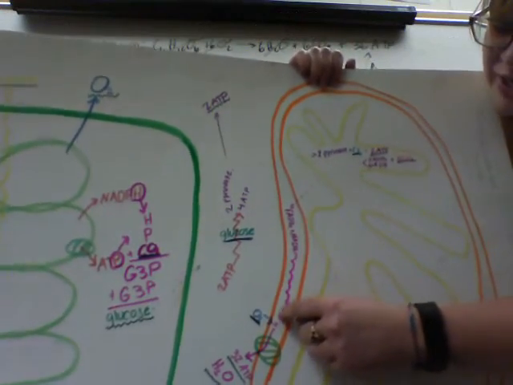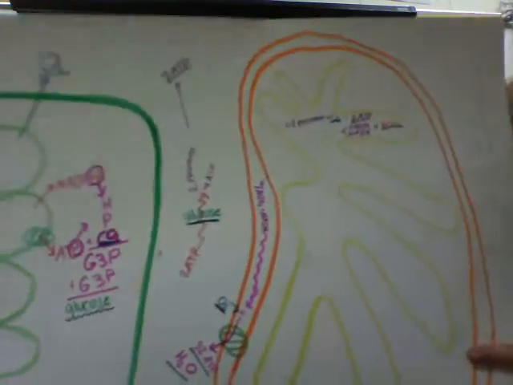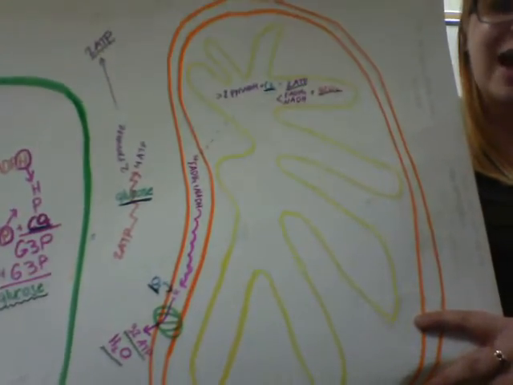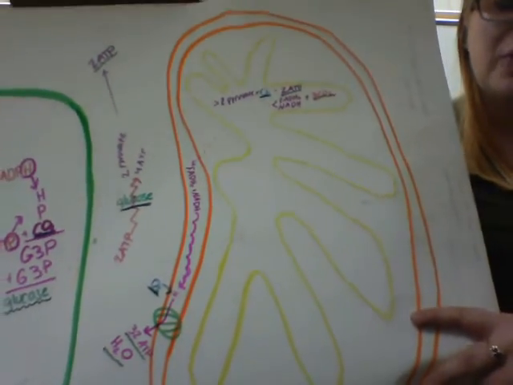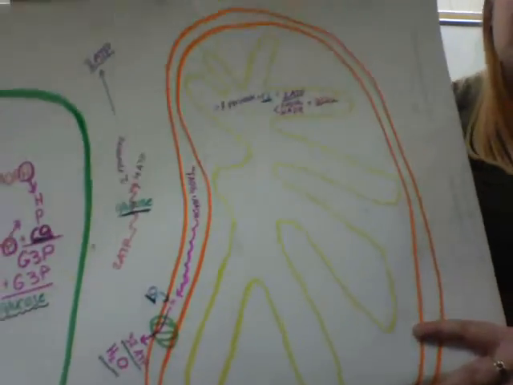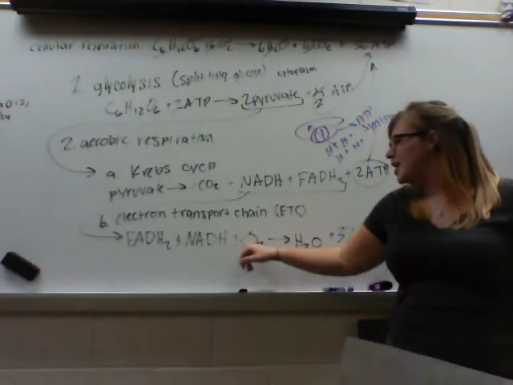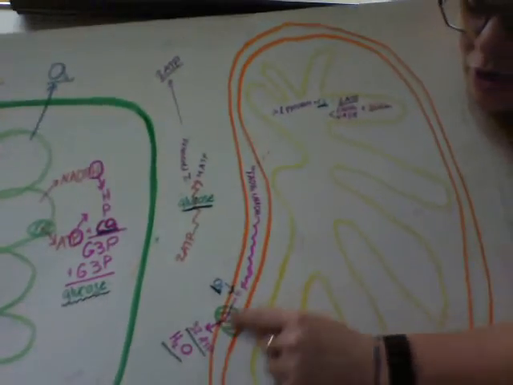The electron transport chain is a system of enzymes. Every enzyme that these 2 molecules come into contact with, they get energy pulled off of them. They get hydrogens pulled off of them. Some of those hydrogens get combined with oxygen at the very end to produce water, which we have down here. When you combine H's and O's, you get water. The remainder of the hydrogens go outside of the mitochondria into the cytoplasm.